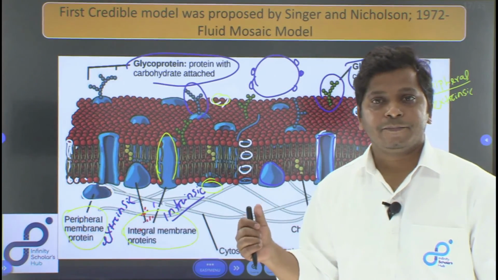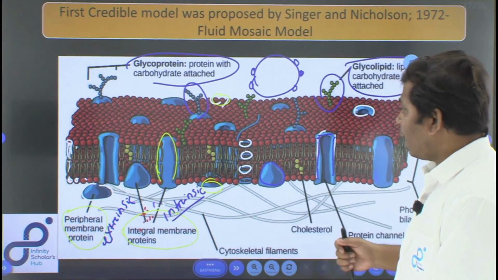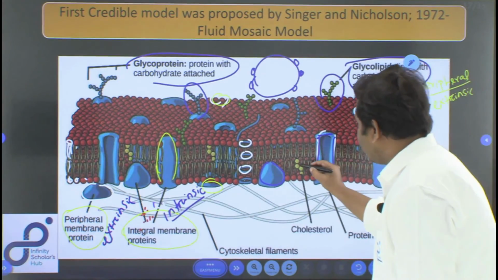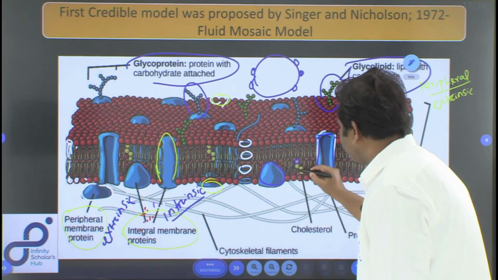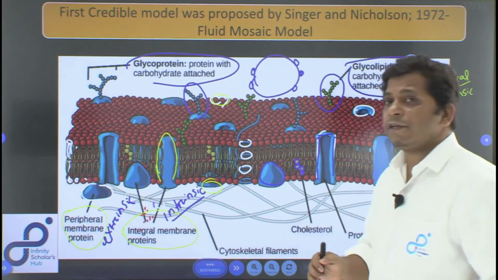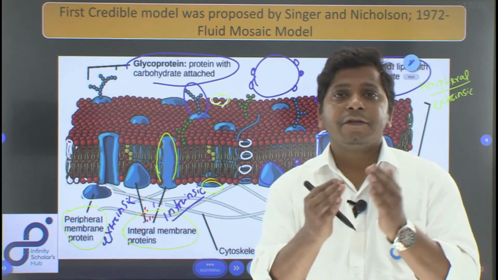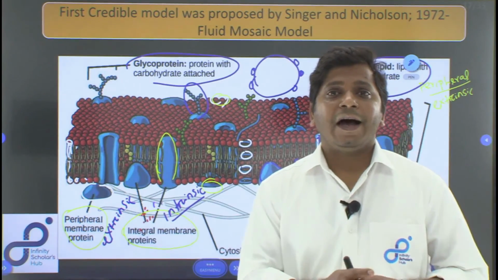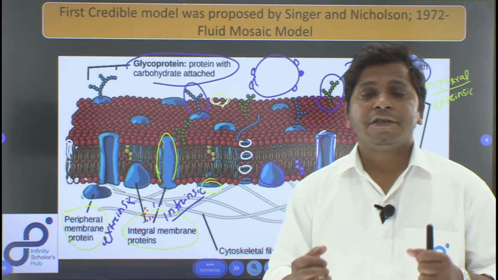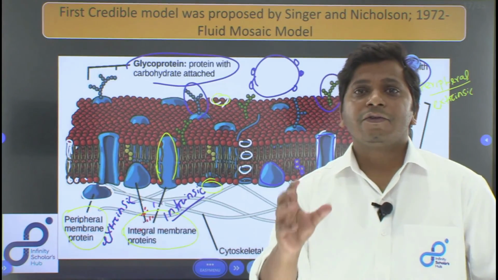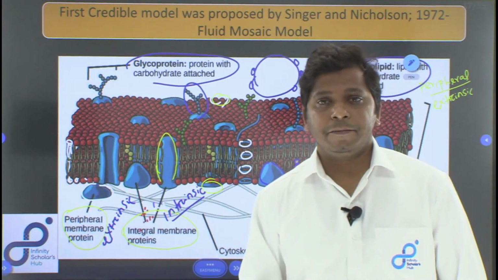In addition to that, I said that there are certain other lipids present, called cholesterol. The cholesterols are present in between the phospholipid groups, and that increases the rigidity to some extent. So that manages the fluidity of the membrane.